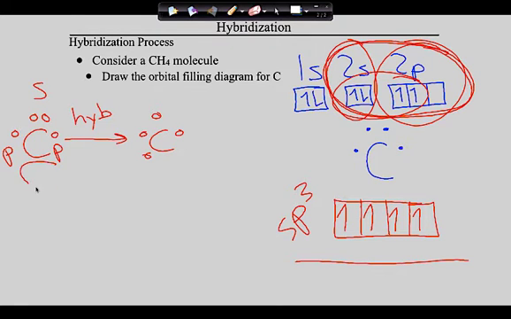And then there's an empty p down here. When carbon covalently bonds, first it hybridizes. When it hybridizes, the s and the 3 p's all mush together, and that forms 4 sp3 hybrid orbitals. 1 electron goes in each orbital because they're all identical, and now we've got 4 domains with 4 bonding sites, and that allows CH4 to form.